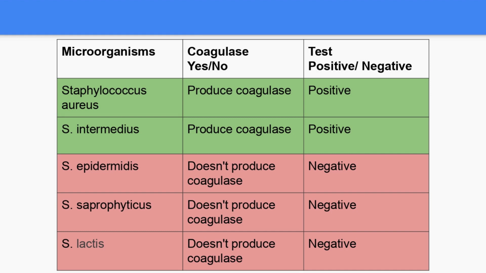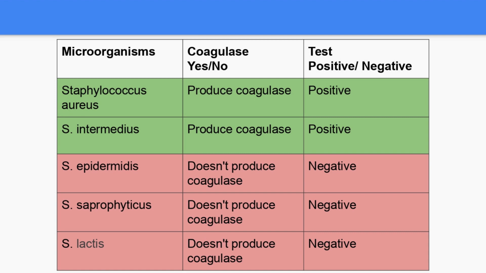The first group can produce coagulase enzyme, but the second group cannot produce coagulase enzyme. 2 microorganisms come under first group: Staphylococcus aureus and Staphylococcus intermedius. These 2 microorganisms can produce coagulase enzyme so that they will give positive coagulase test.